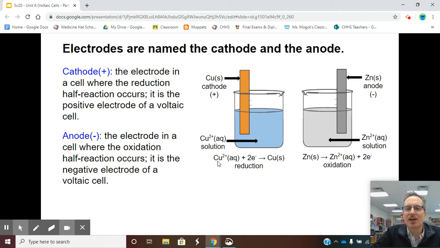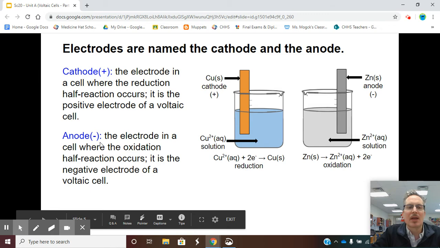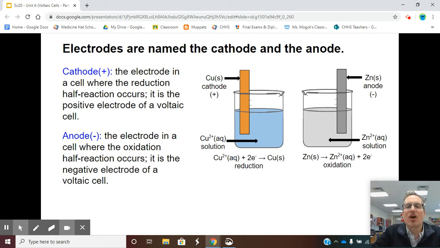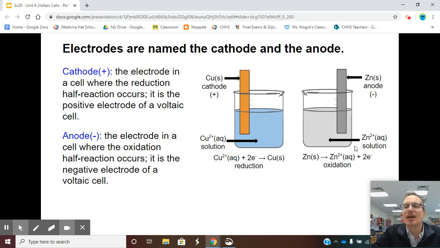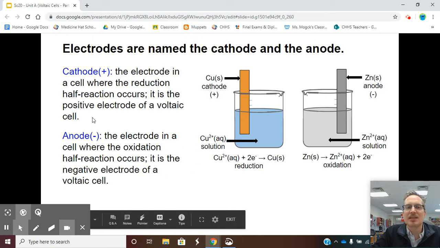The copper half reaction for the copper beaker is written so my electrons are on the left-hand side for gaining electrons. The anode is always where the oxidation half reaction occurs. And so my zinc half reaction, I'm going to write it so that it's losing electrons. Losing electrons, oxidation.